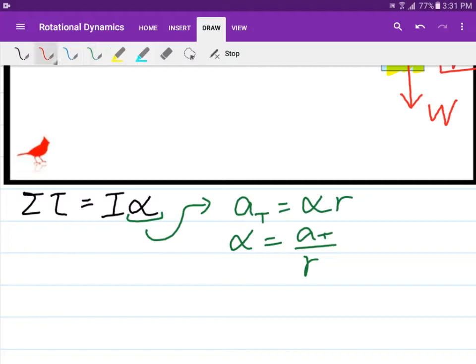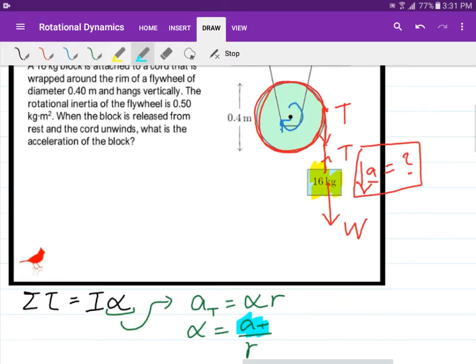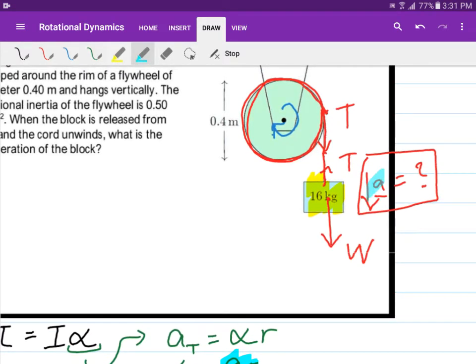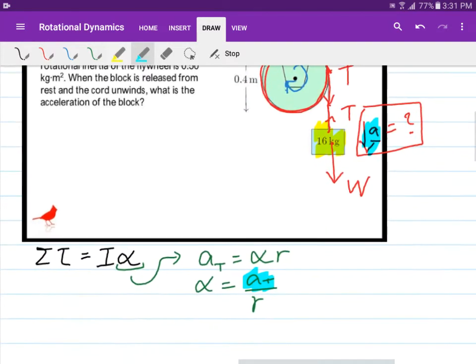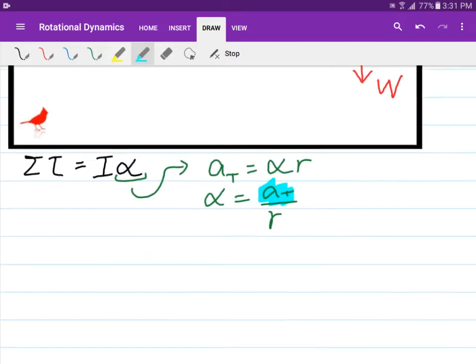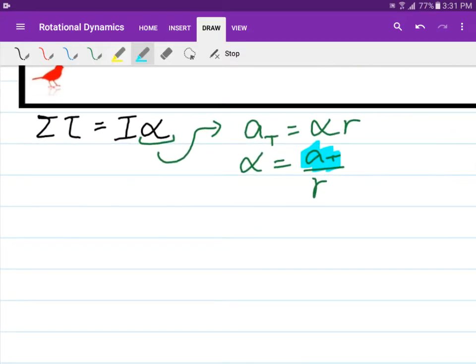Now this tangential acceleration is the a that we want to solve for. Let's write this as I times a over r equals the sum of the torques needed for the flywheel to rotate.